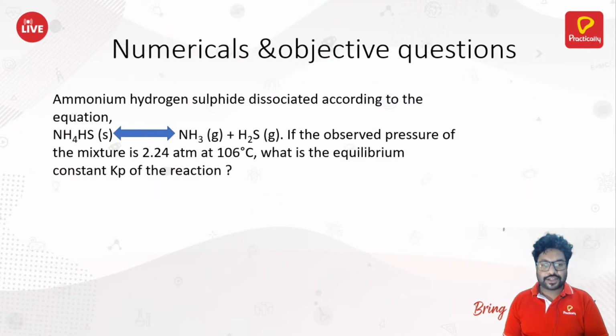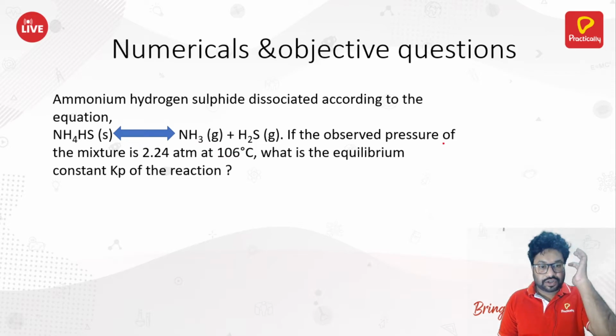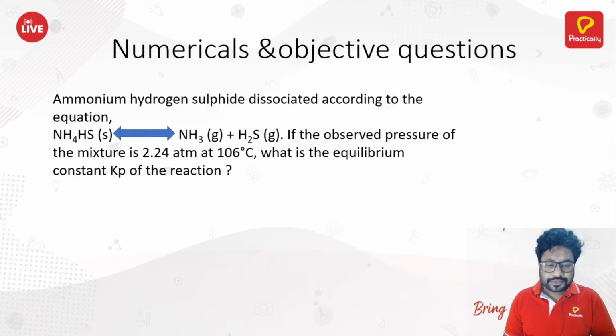Now, the next one, ammonium hydrogen sulfide. Ammonium hydrogen sulfide, which is NH4HS, is dissociated according to the equation to give NH3 plus H2S. If the observed pressure of the mixture is 2.24 atm at 106 degrees Celsius, what is the equilibrium constant Kp for the reaction?